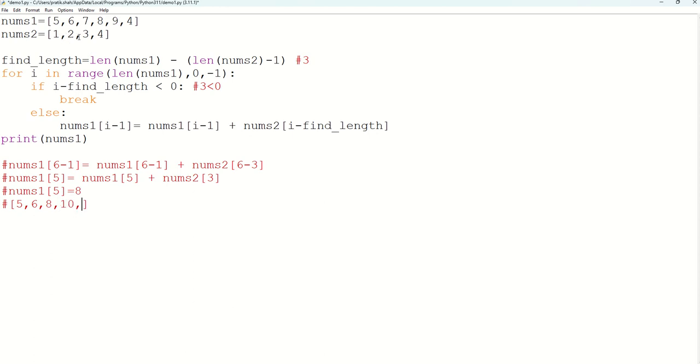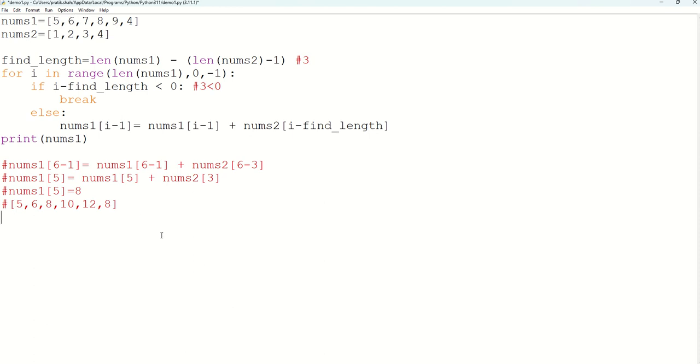Then 9 and 3, it will be 12. And then 4 and 4 at the end, that will be 8. So this will be our final answer. If we do the addition from the right hand side, 4 numbers with the second list's 4 numbers, the first 2 numbers of the first list will remain as they are, and the final answer is 5, 6, 8, 10, 12, and then 8.